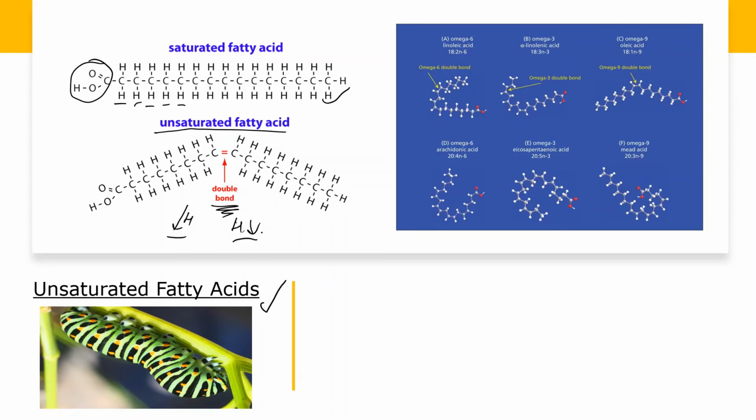And it also has a kink in its tail, and that's the immediate way to tell the difference between saturated fats that are long and straight and unsaturated fatty acids that have at least one kink in the tail. One is enough to make it unsaturated. The more kinks that it has, the more unsaturated it could be.